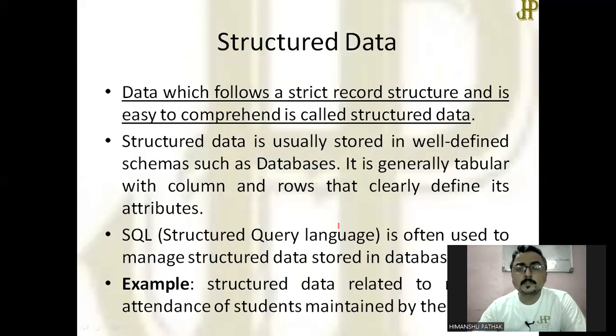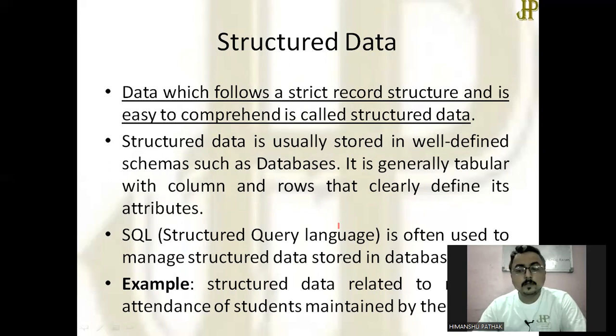So what is structured data? As the name suggests, the data should follow a strict structure either to store, to fetch, or to display.